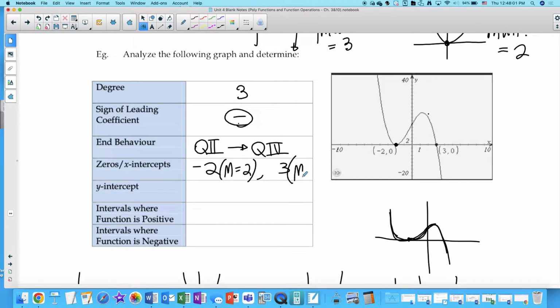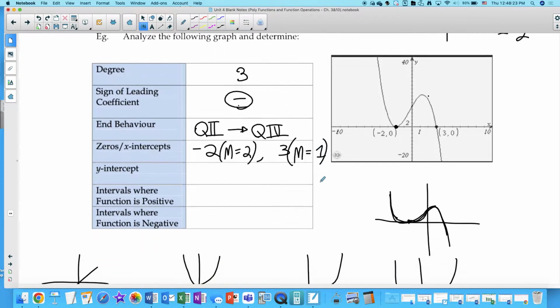Here, the multiplicity equals 1. Which means there is one factor of x minus 3 and 2 factors of x plus 2 in the equation. Okay, this function essentially is going to look something like this. We don't know what that leading coefficient is, but we know that it's negative. And then we have to have 2 factors of that, x plus 2 squared, and 1 factor of that.